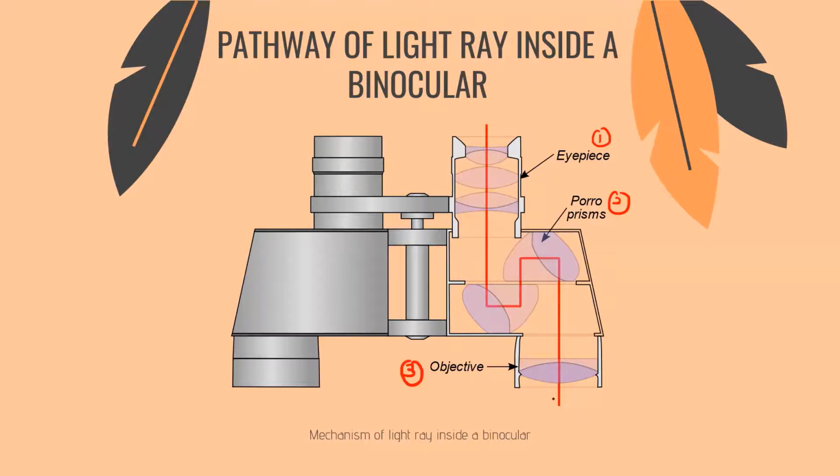The light ray is coming from the object in parallel, light coming from very far places, and will enter the objective lens and go through the polar prism, and the polar prism will reflect it twice, and then it enters our eyepiece.